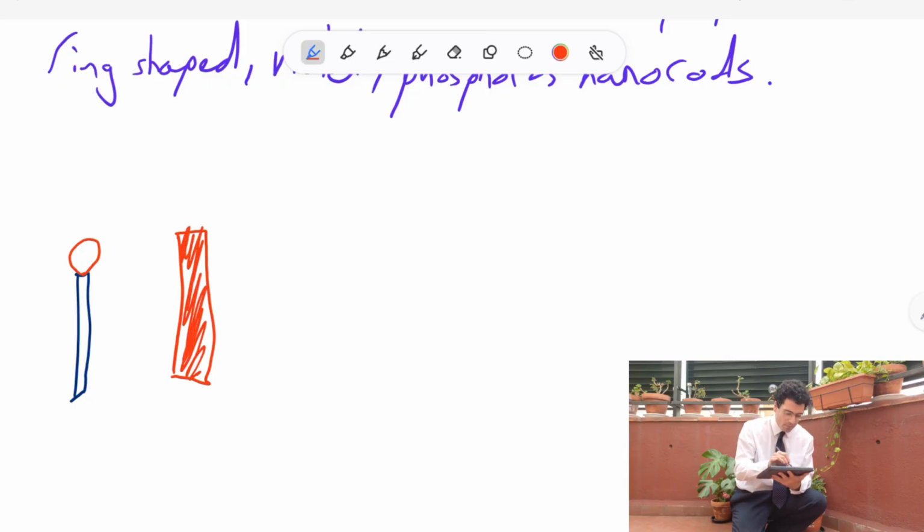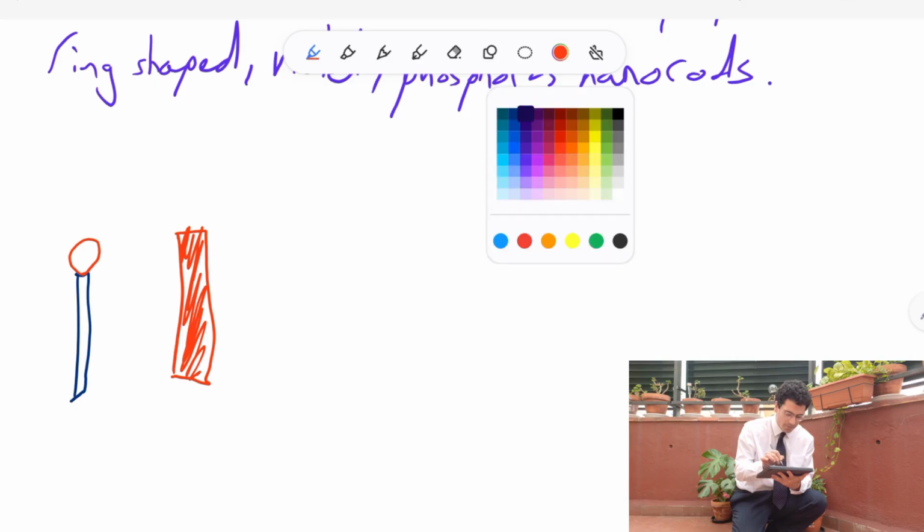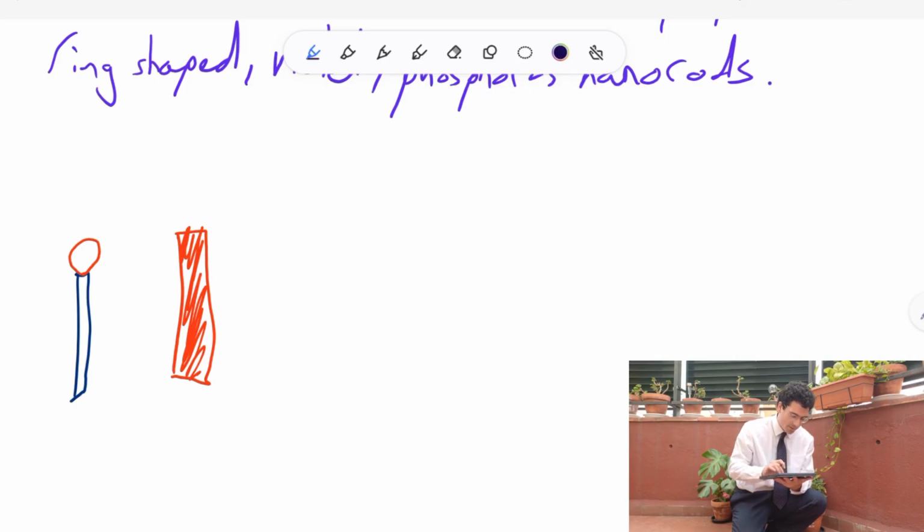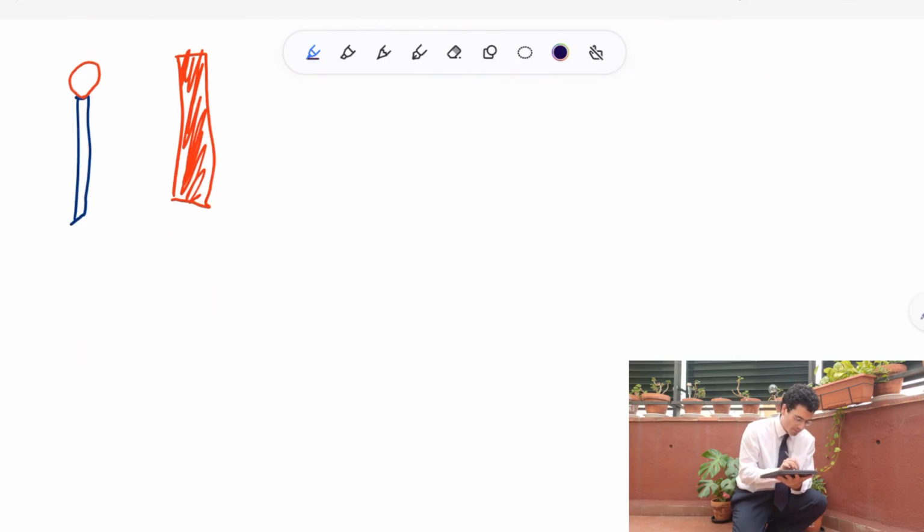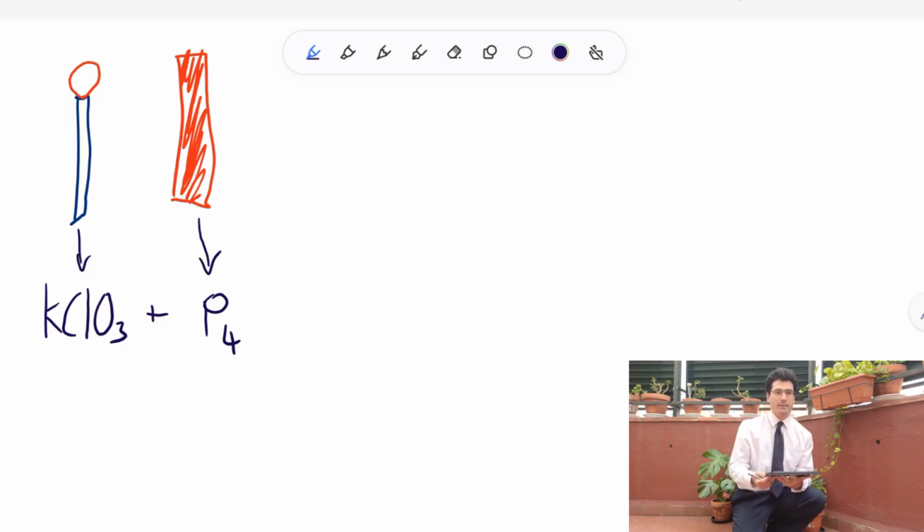Now, the matchstick itself contains potassium chlorate, which is KClO3, and the striking surface contains red phosphorus. Now these react together to give us the famous reaction.